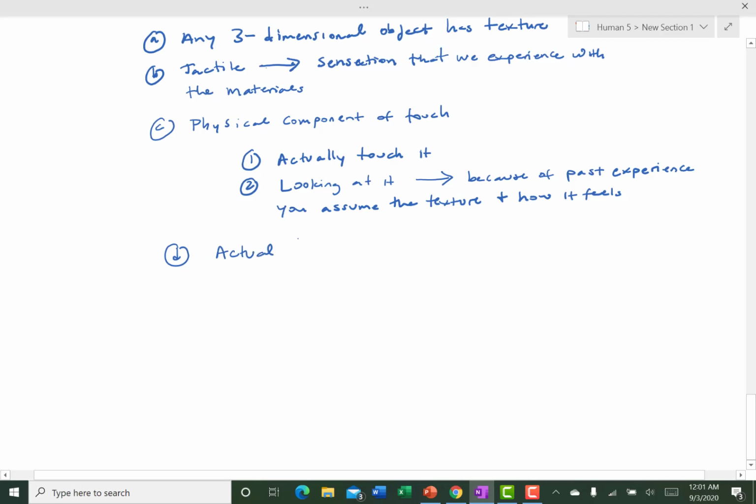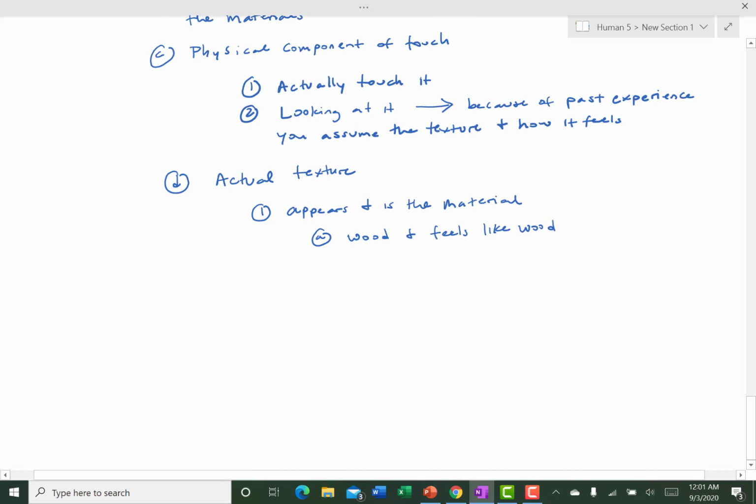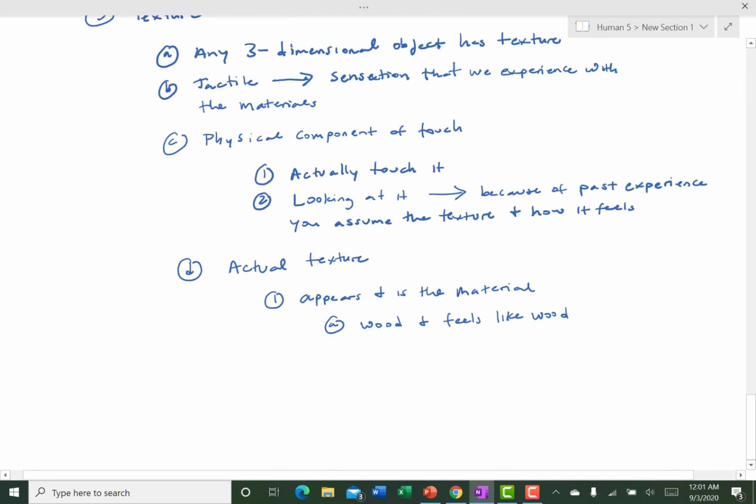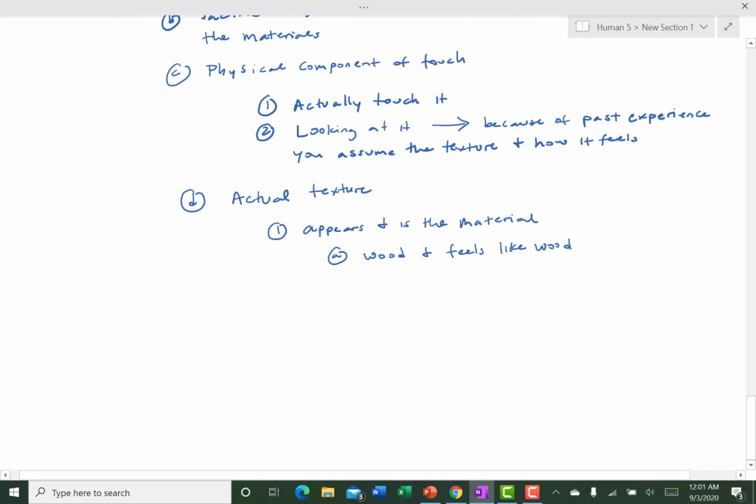So actual texture, the goal is it appears and is the material. So that example, wood, and feels like wood. That's what actual texture is, right? There's no trickery behind it. There's no switch up in that process.